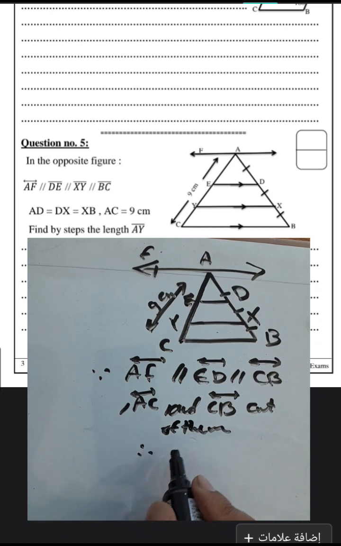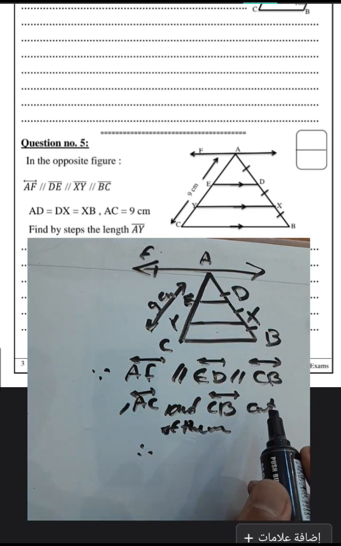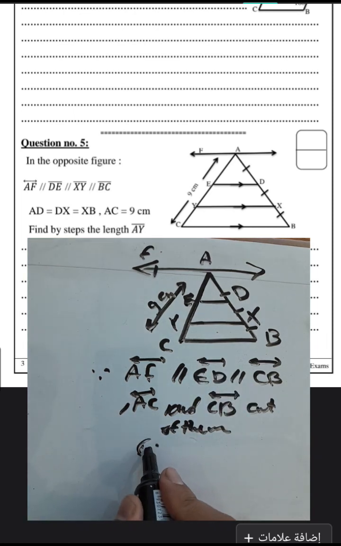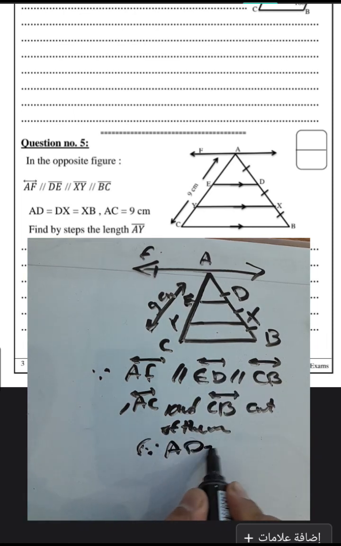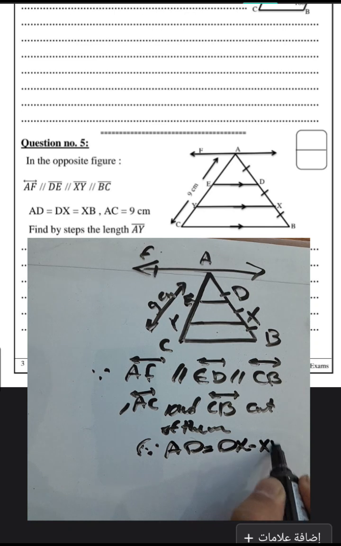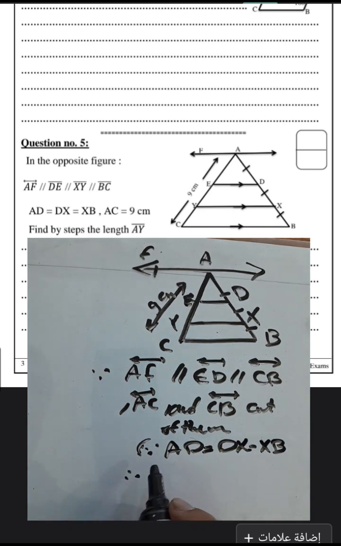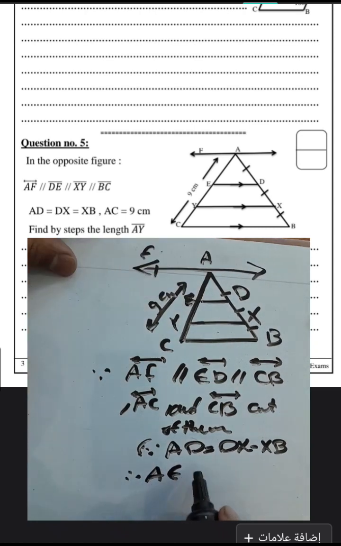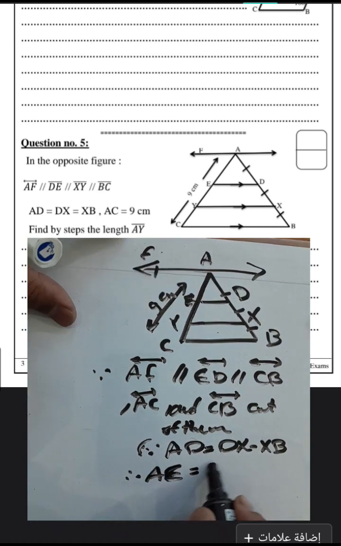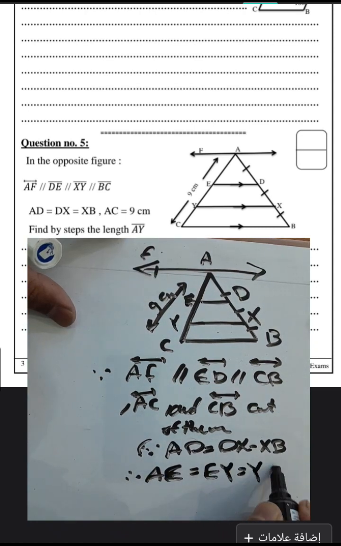Then they cut the side into three equal parts here, such that AD equals DX equals XB. Then AE, the side length, equals AY equals EC.